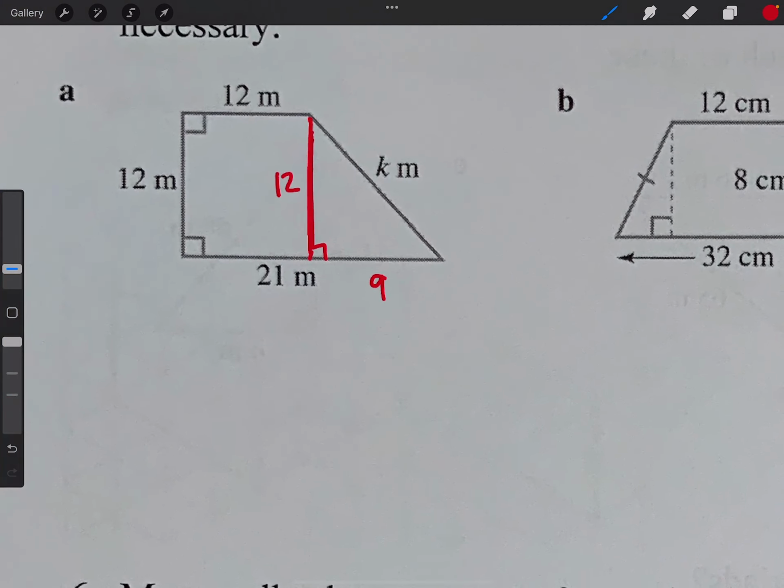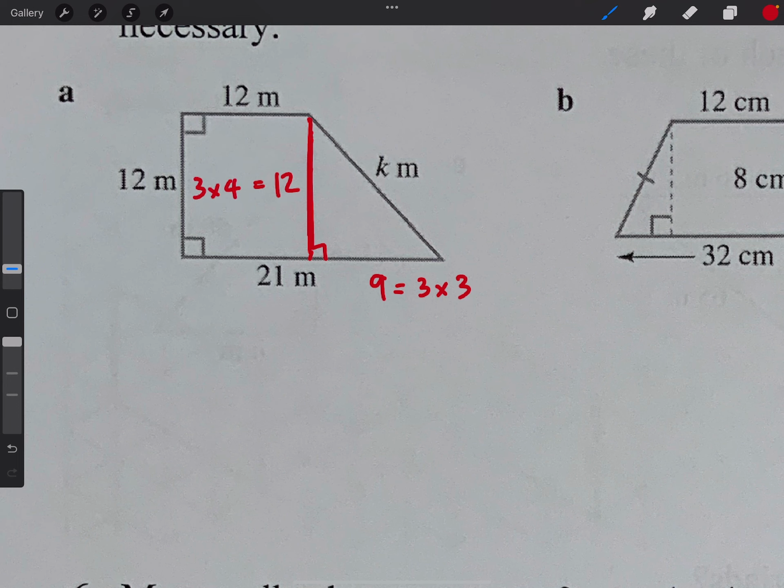Okay, can you recognize the Pythagorean triad here? 9 is equal to 3 times 3. 12 is equal to 3 times 4. Here you have 3 and 4. So this last one must be 3 times what?